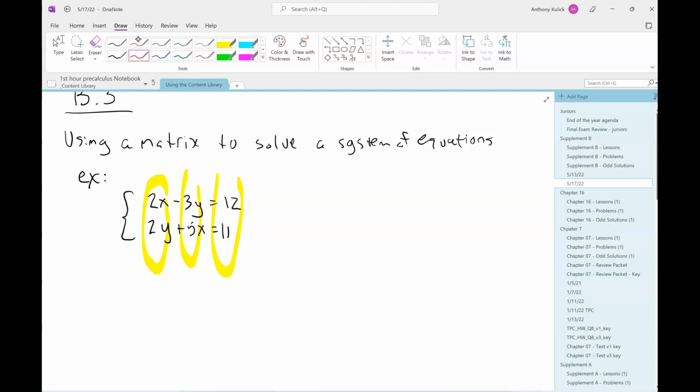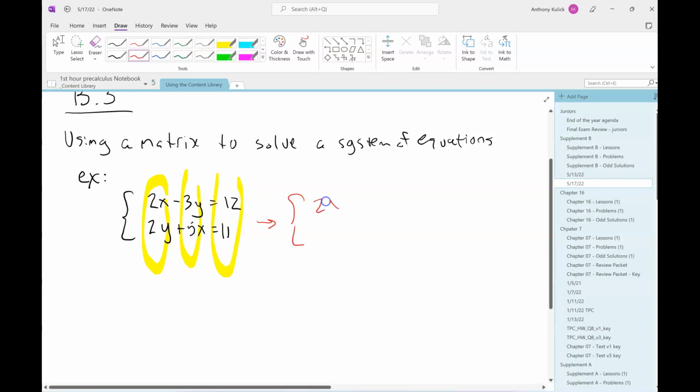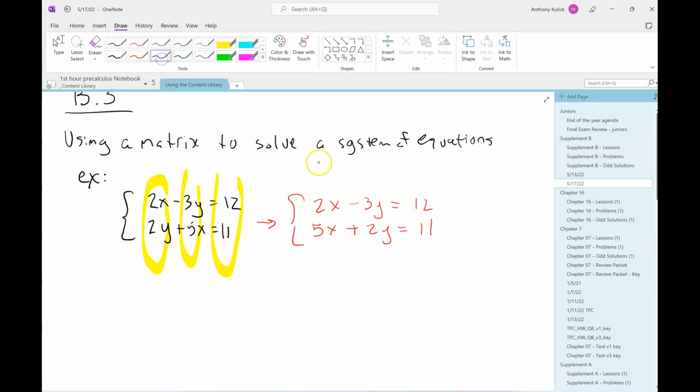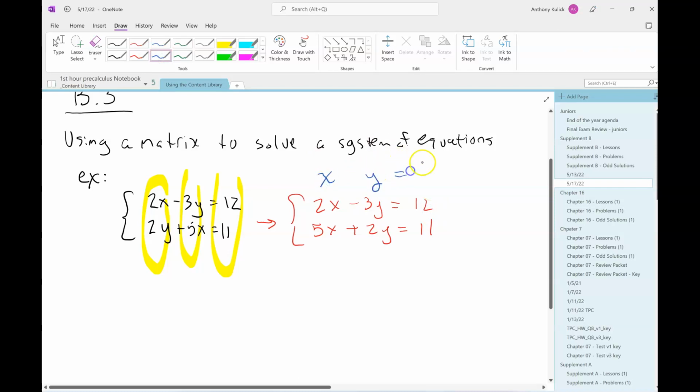Everybody see that? So the first thing I'd want to do is rearrange this so that everything lines up. So now I have a column for the x's, a column for the y's, an equal sign, and then a column for our constants or the solutions. Everybody's cool with that?